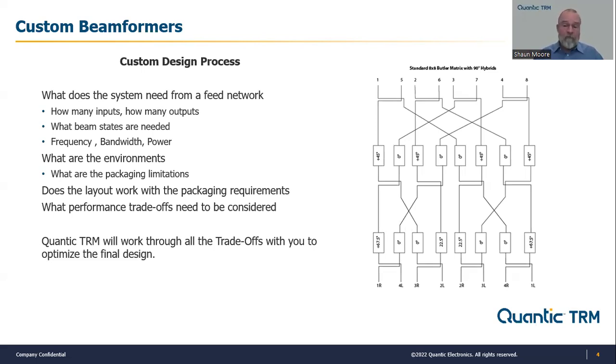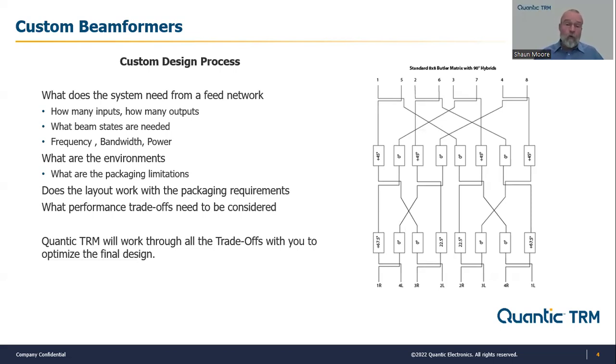So very often there's a customization of the mechanical packaging, even if it's a similar electrical circuit to something else that we've done in the past. Very often we'll have to modify that just to have the layout work. And then, of course, there's the whole environmental piece, whether this is going on an aircraft or a ground-based system. Those packaging requirements will vary dramatically.